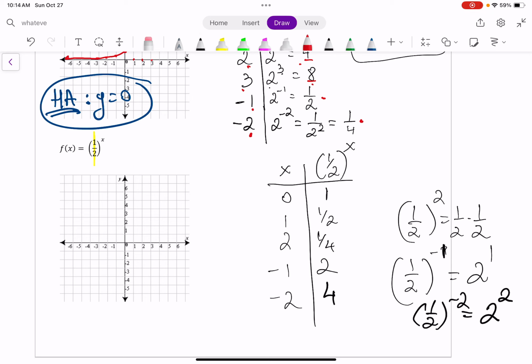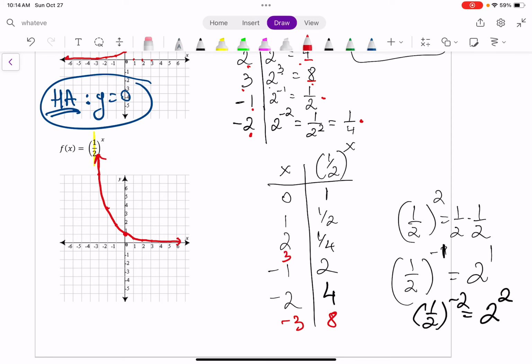So here it is. Let's plot these points. So I have still 0, 1, 1 with 1/2, 2 with 1/4, 3, by the way, would be 1/8, -1, 2, -2, 4. By the way, -3 would be 8. So 1/2 to the -3 is 8.